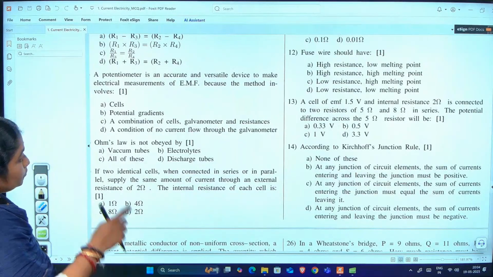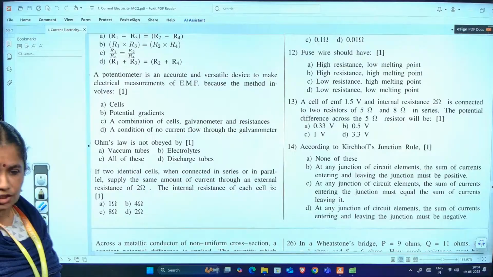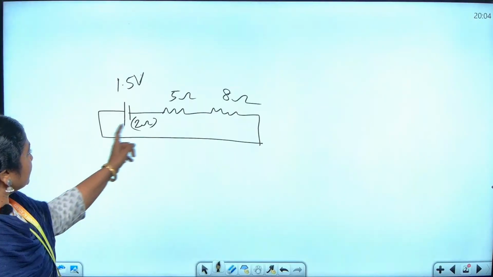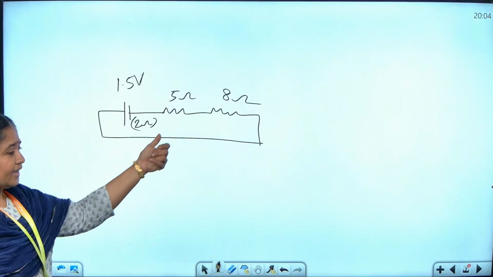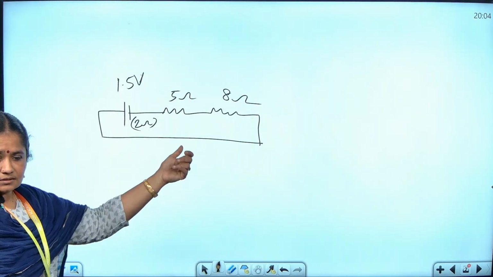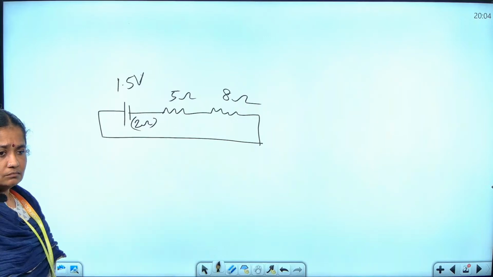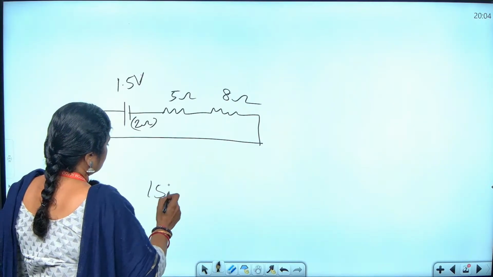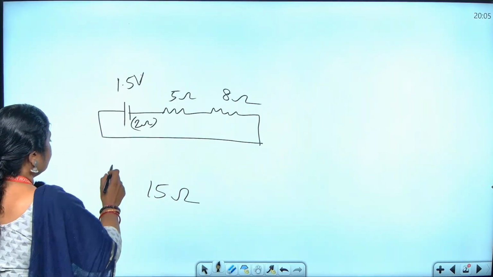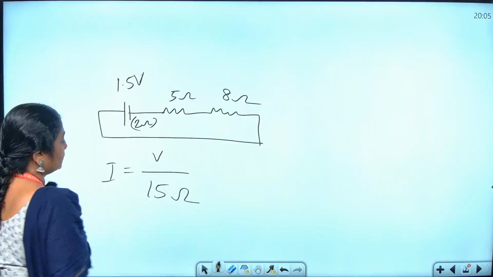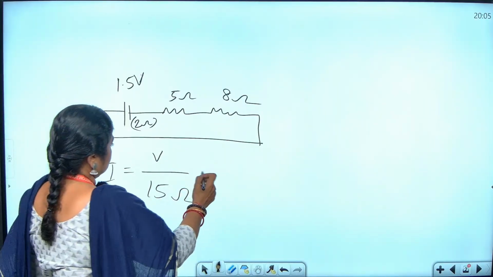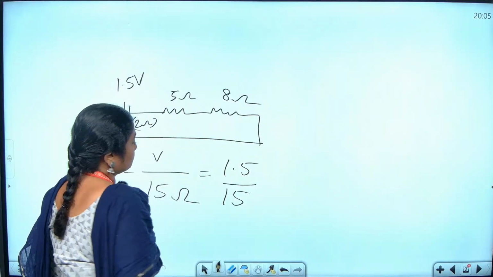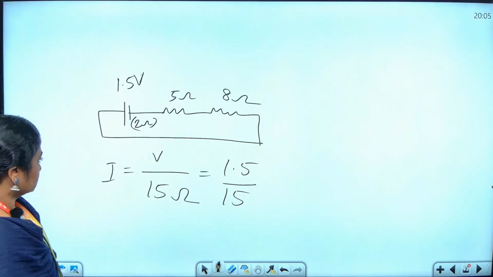The potential difference across 5 ohms. V is equal to I into R. For that we first need to find I. I will be the same throughout the circuit. What resistances are in the circuit? 2, 5 and 8, all in series. So what is the total resistance? 15 ohms. I is equal to V by R, so 1.5 divided by 15, so 1 by 10.